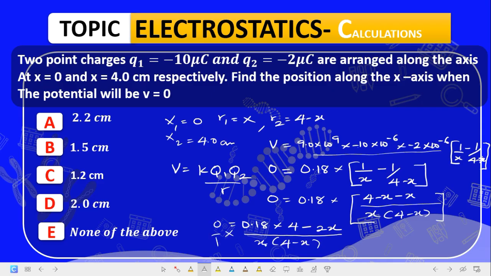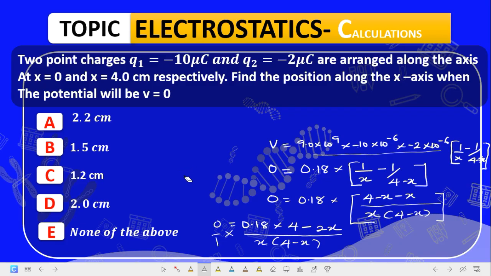We can cross multiply. Anything multiplied by 0 will give us 0. So if that gives us 0, it means that when this is multiplied by this, it will give us 0.